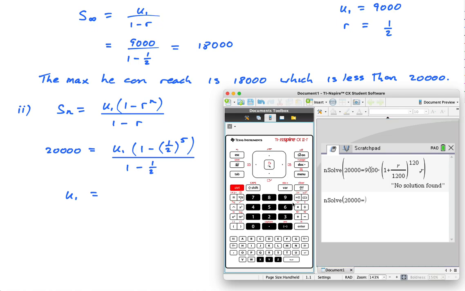I'll do this though: u times 1 minus 0.5 to the power of 5, all over 1 minus 0.5, comma u. So find me u, Mr. Calculator.